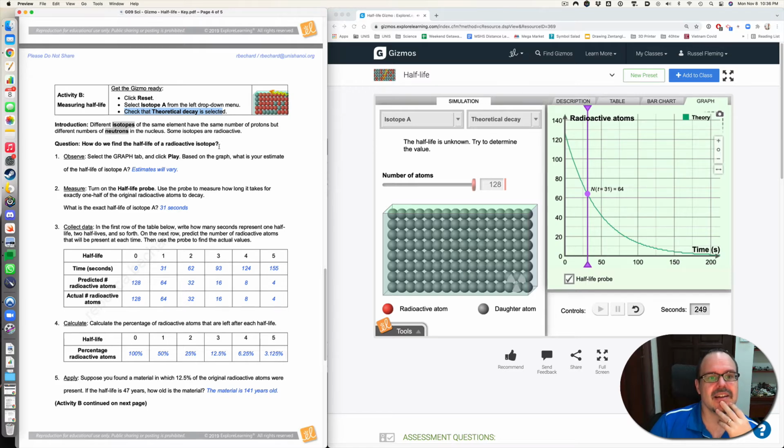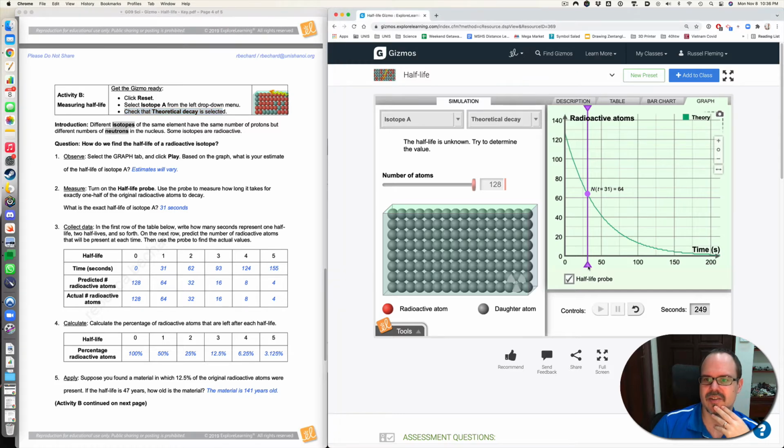Collect the data: 1 half-life, 2 half-lives, and so on. So 1 half-life is 31 seconds. And then I need to go down to half of 64, which is 32. So I go down to 32.